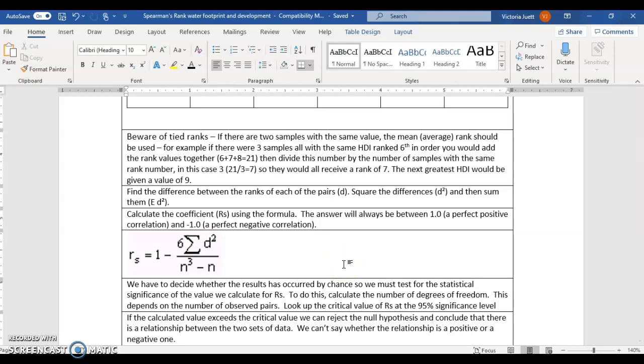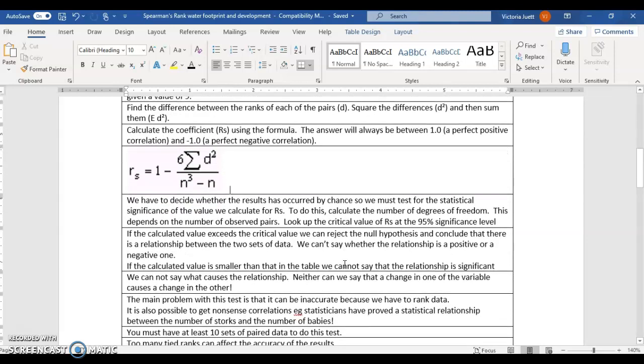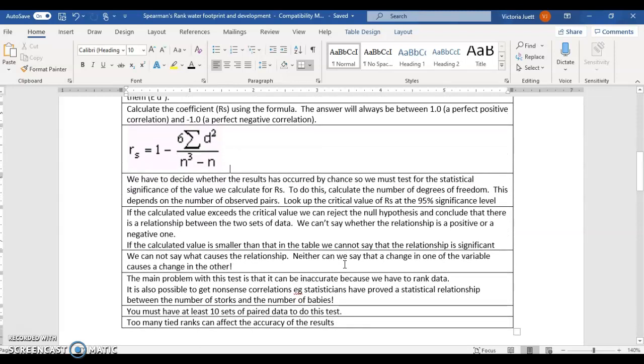The answer should be somewhere between -1 and 1, with 1 being a perfect positive correlation and -1 being a perfect negative. Then we check these values for their significance, so you need to use the significance table to do that.